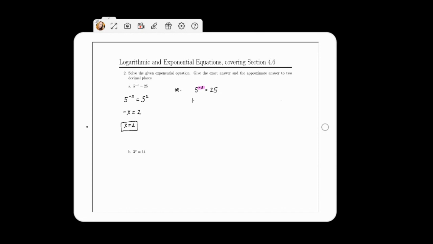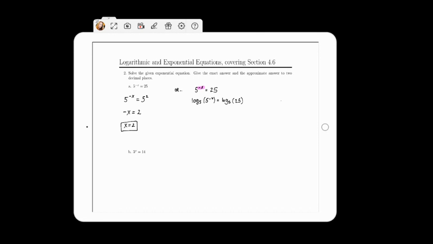So we would do the log, and we can do any base. It doesn't matter, but I will do the base of 5 just to make the cancellation the easiest. Then this will say that the log base 5 of 5 to the minus x equals the log base 5 of 25.